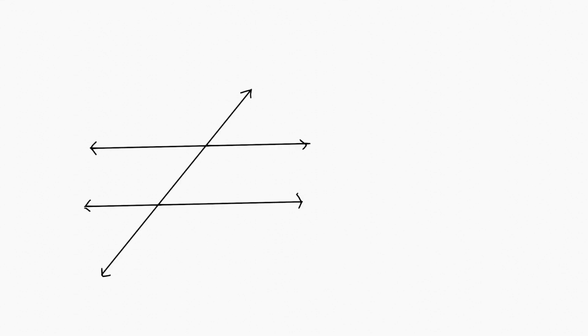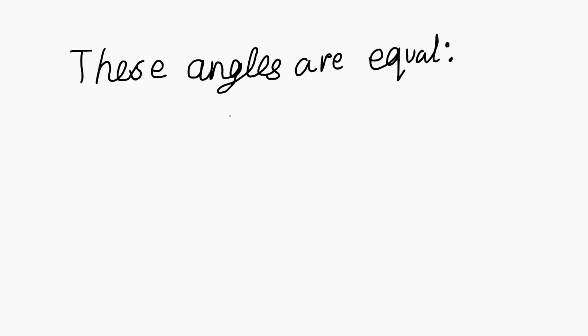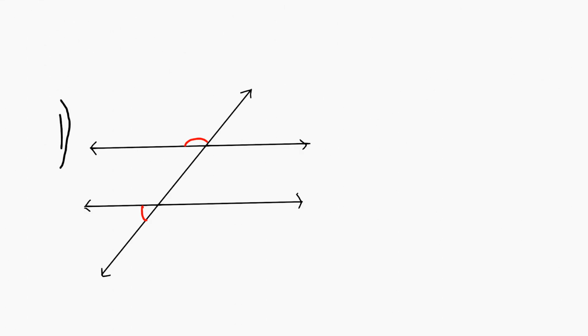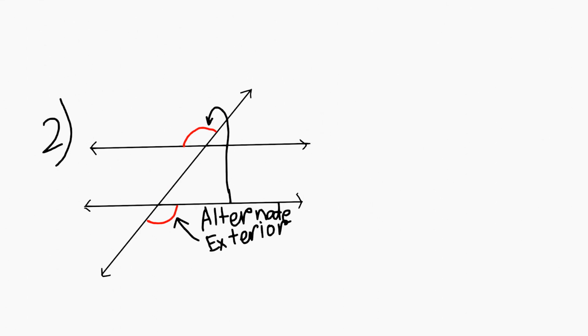Now the angle properties. A line going through two lines is a transversal. Now these angles are equal. Numero uno, angles on the same side and same side of an intersection are called corresponding angles. Numero dos, opposite sides and opposite sides, alternate interior and exterior angles.